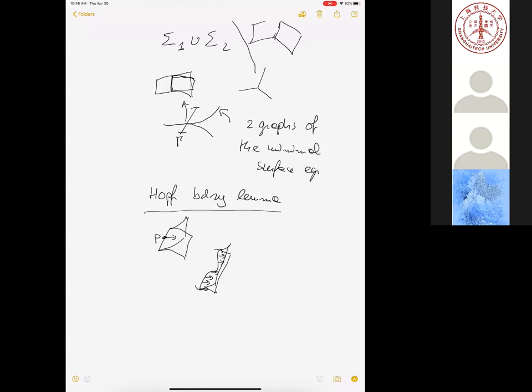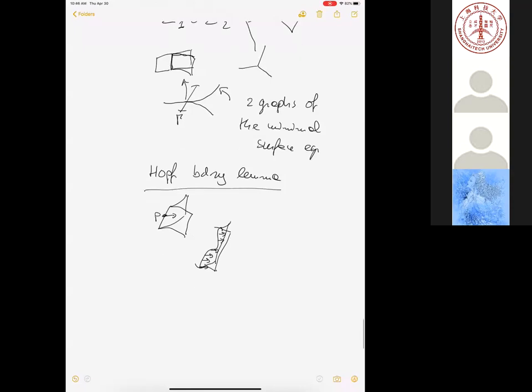So unique continuation tells you that if the normals of the two graphs are the same on an open set, then the two graphs have to be the same.